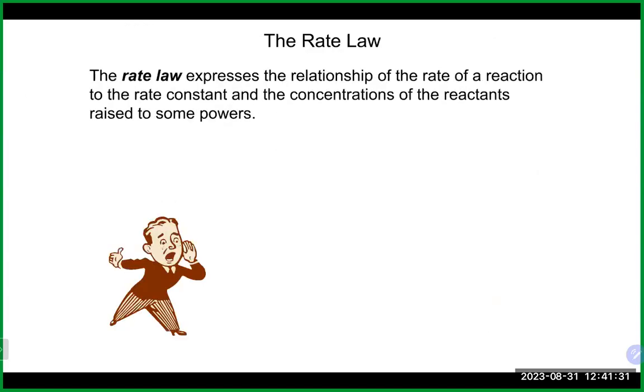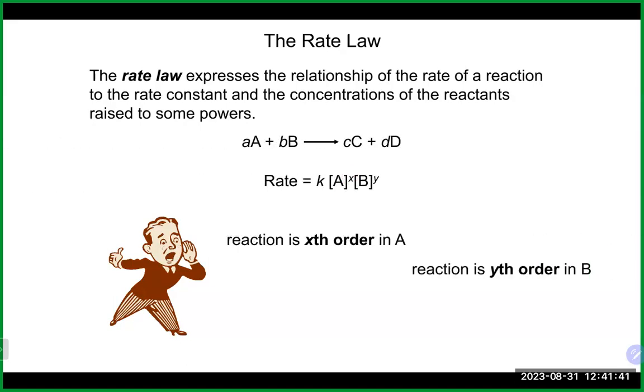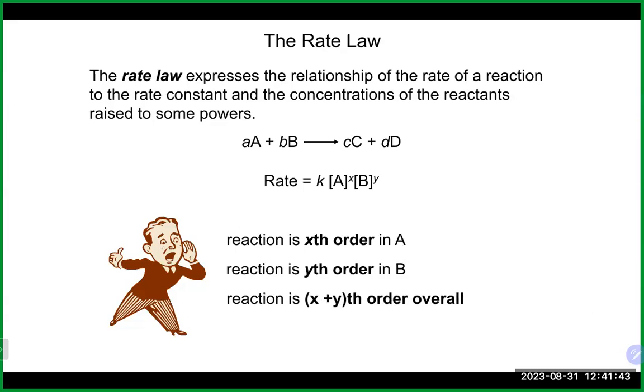All right, so let's talk a little bit about the rate law, which, as I mentioned before, is a little different than the rate expression. The rate law will really express the relationship of the reactants to some type of power. So here is what a generic rate law would look like for this reaction, our equation up there.